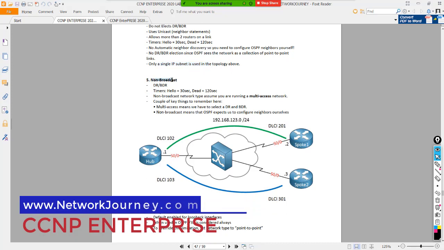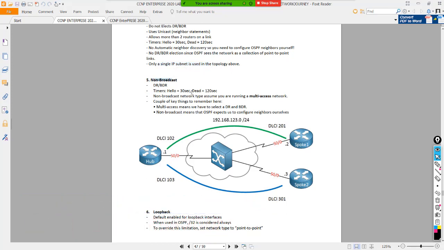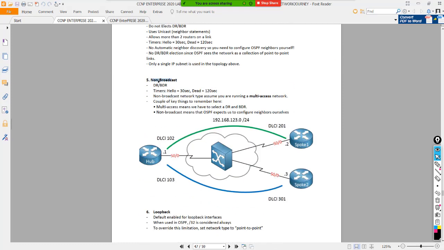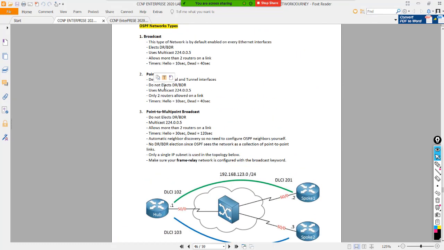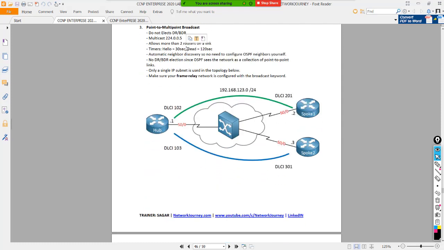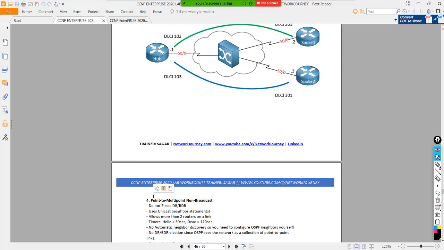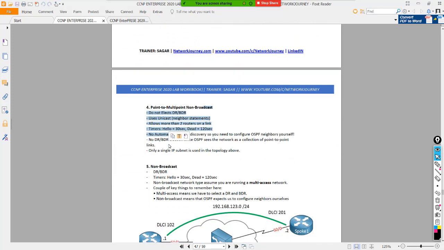In the case of non-broadcast, which is again very similar to the two which we discussed just now, that is point to multi-point, the only change here is they have DR and BDR election, which is now point number one. If you go back to point number one, in the case of broadcast, they elect DR and BDR. And for the second, third, and fourth, there was no election of DR and BDR.